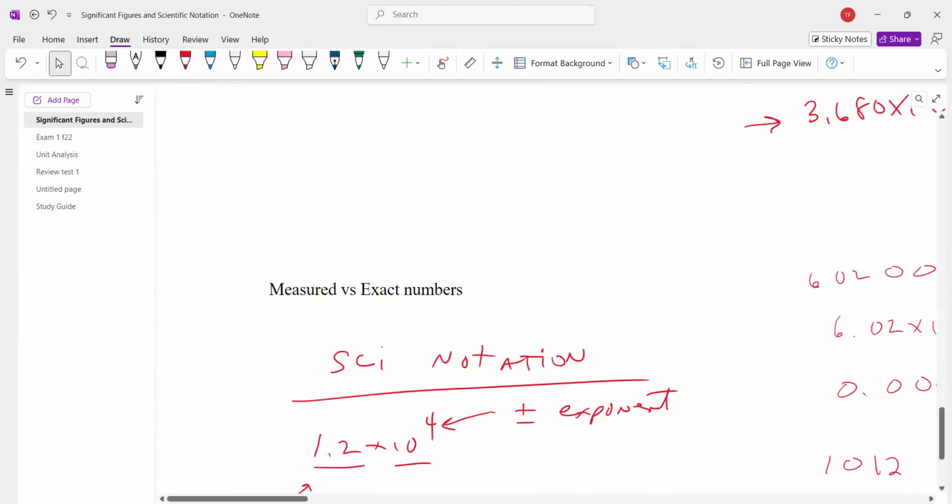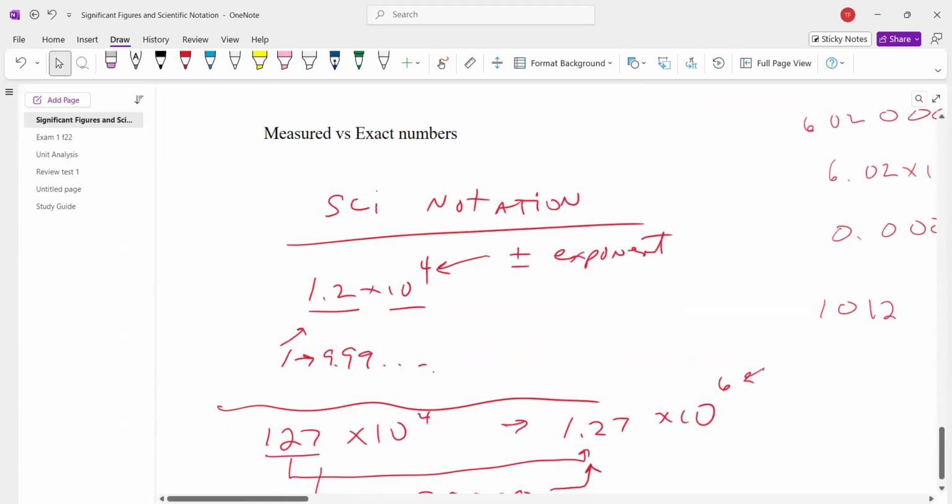Okay, so scientific notation is in two parts. There's an exponentiation part, and we're using base 10 here. The exponent can be a whole number or integer, or a decimal.